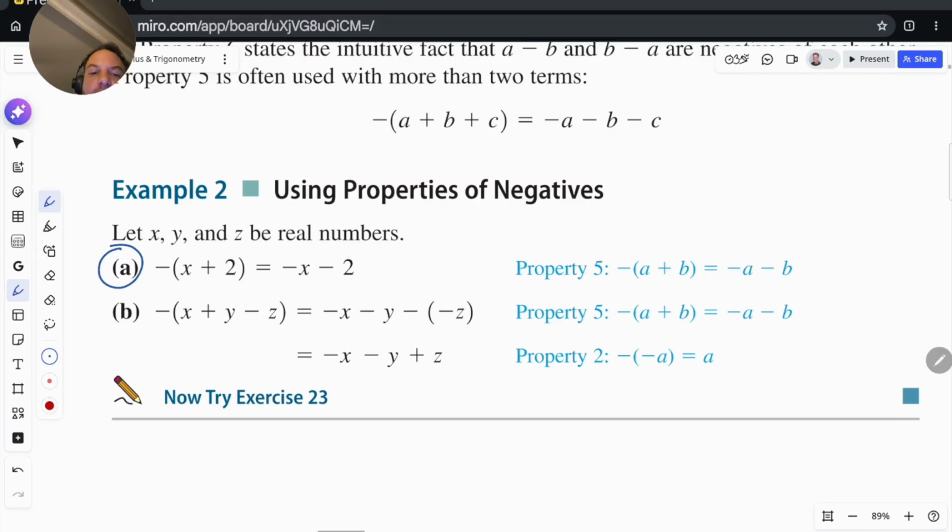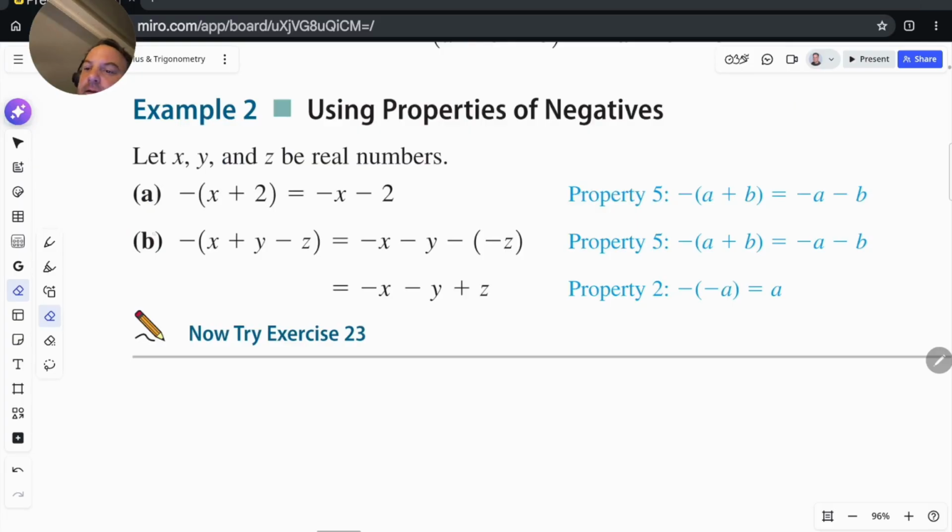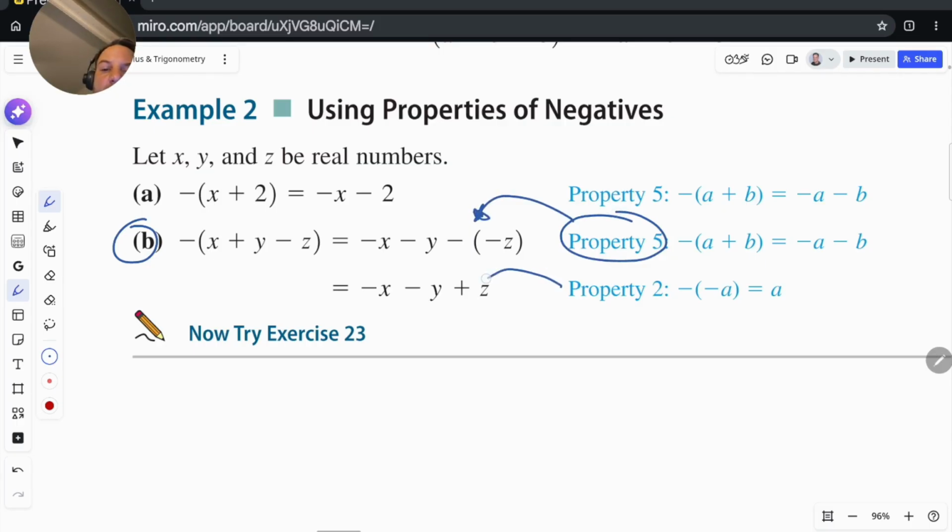That's property 5. Negative (x plus y minus z) equals negative x minus y minus negative z, which gets us down to negative x minus y plus z. Notice our first part here is property 5. Then we move on to property 2.